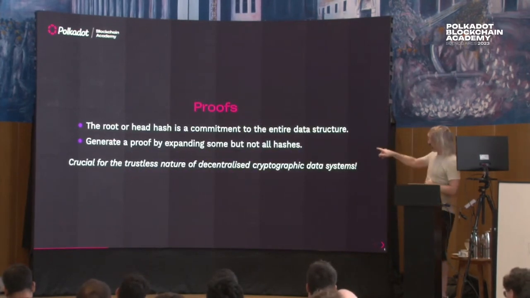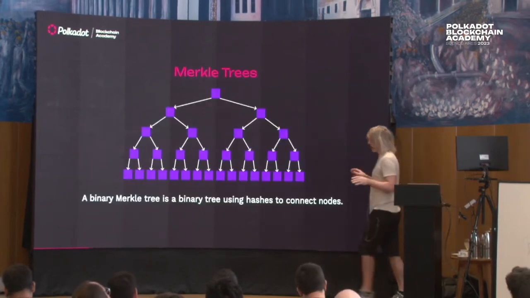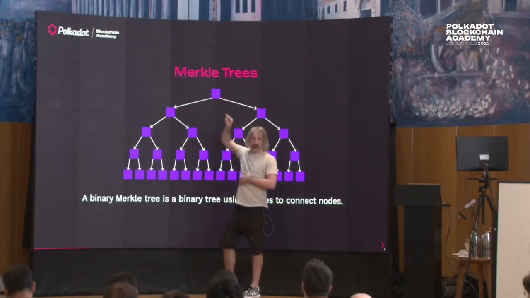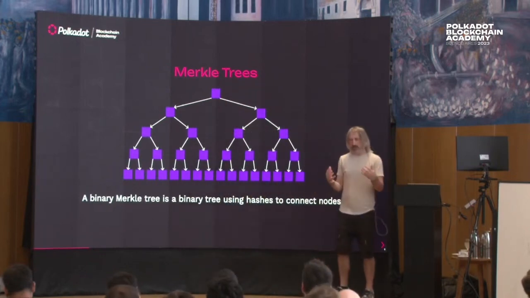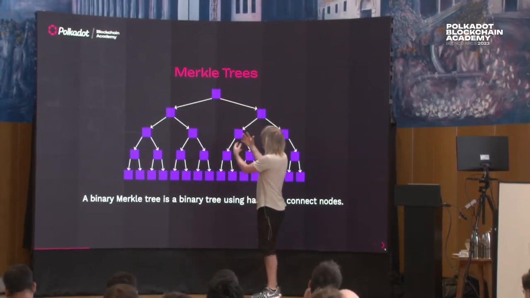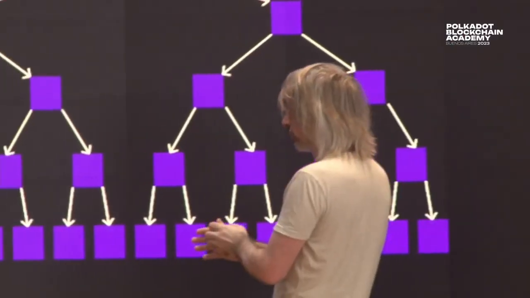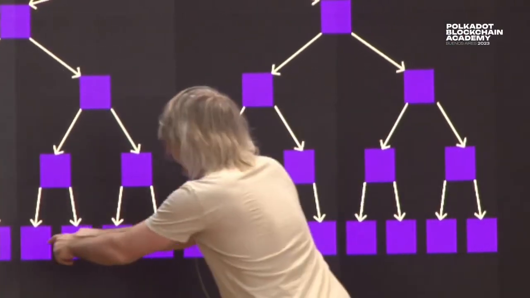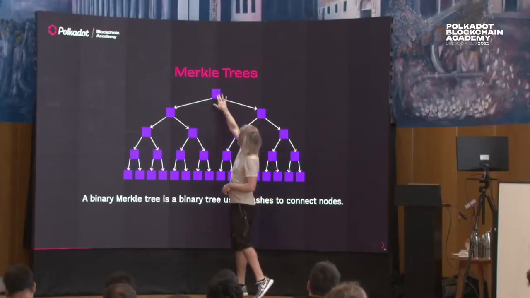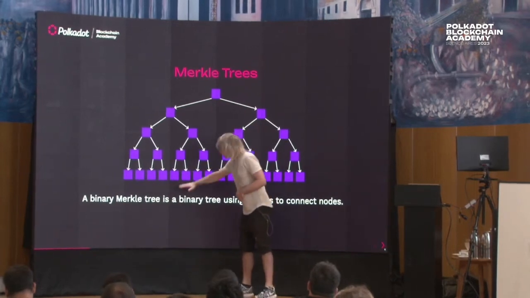Now, the clever thing is that we can generate a proof. What does a proof mean? Well, there is a hash of this one. And we're already happy with the idea that this one is defined by, its value is determined purely by these. Therefore, this, as we've said, is a commitment to these.